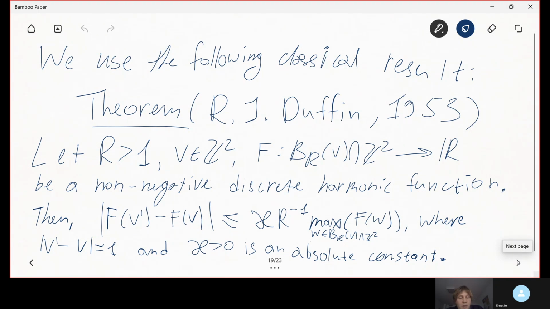The bigger your domain of harmonicity gets, the smaller is the derivative in the middle of this domain, of this disk. So what was the motivation in 1953? The paper is called discrete potential theory.